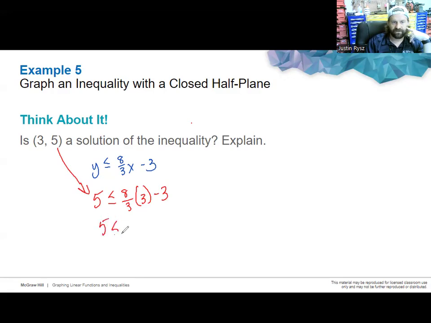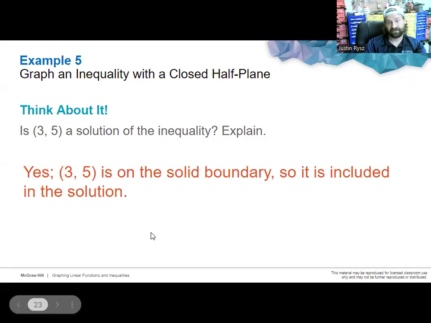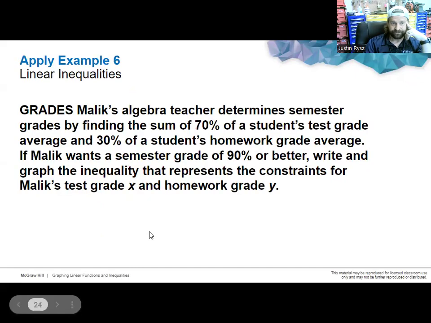Let's see, 8/3 of 3 is 8. 8 minus 3, so we get 5 is less than or equal to 5. That is true, and that is a solution. Yep, it's on the line, and since we have a solid line, it counts.